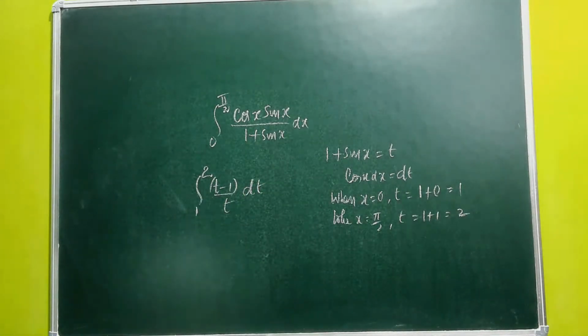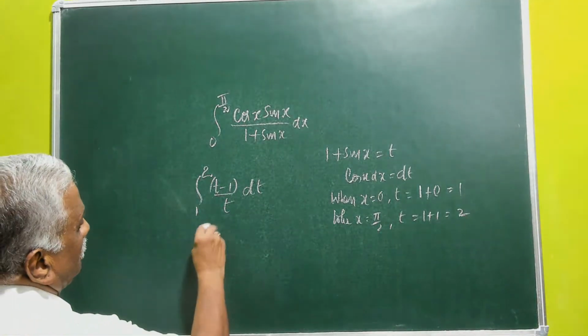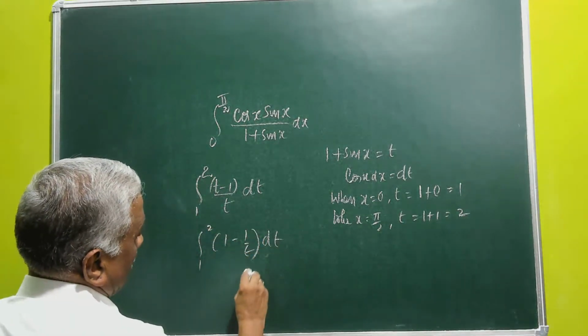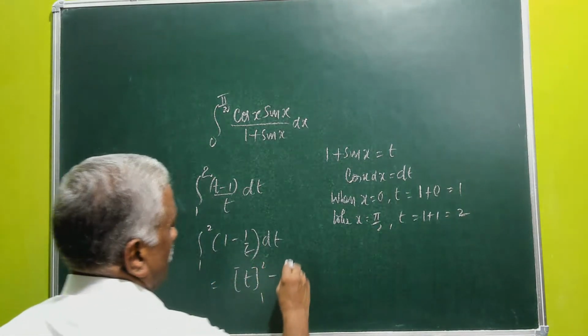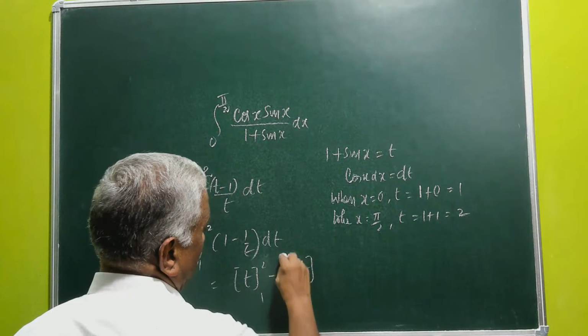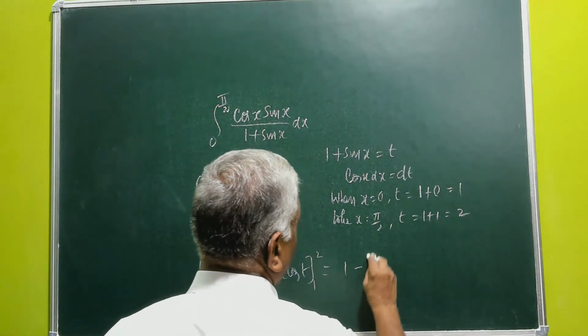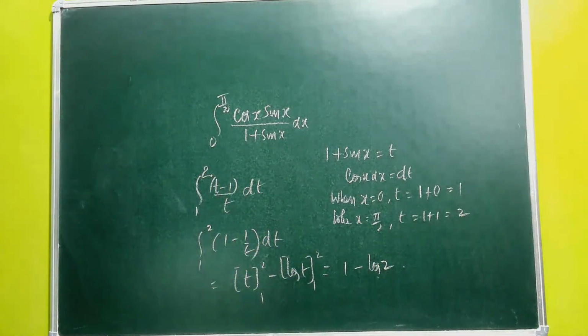This is what you should recognize. How to integrate this? 1 to 2, separate it. 1 minus 1 by t dt. That is t from 1 to 2 minus log t from 1 to 2. 2 minus 1 is 1, log 2, because log 1 is 0. So 1 minus log 2 is the answer.